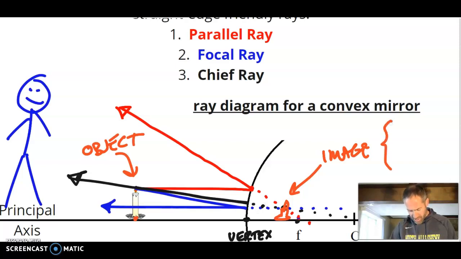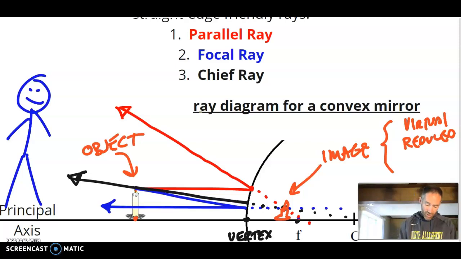So I have an image that's virtual. I have an image that's reduced. Look how little it is compared to the size of the candle. It's reduced. And I have an image that's upright. The real candle has a flame on top, and the image has the flame on top. So it's upright.